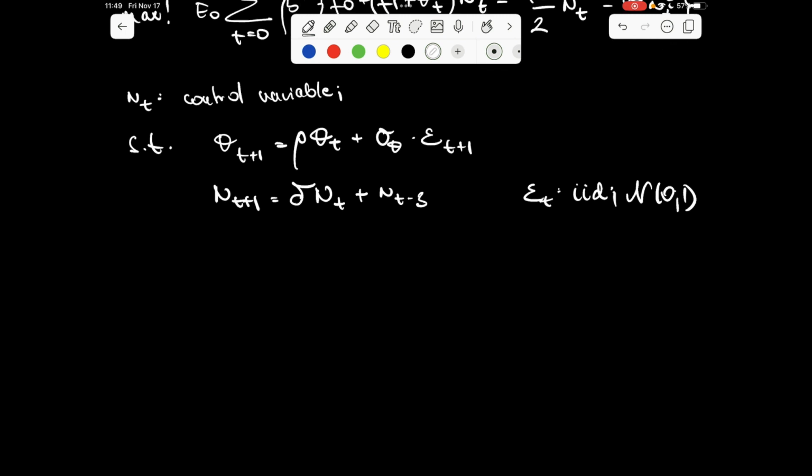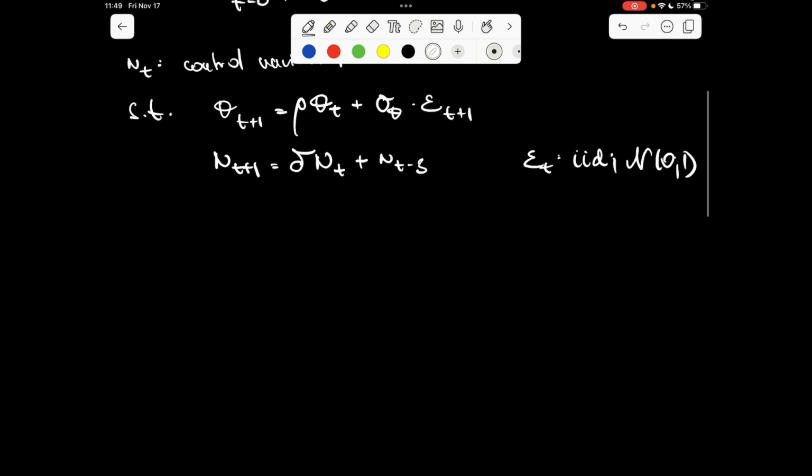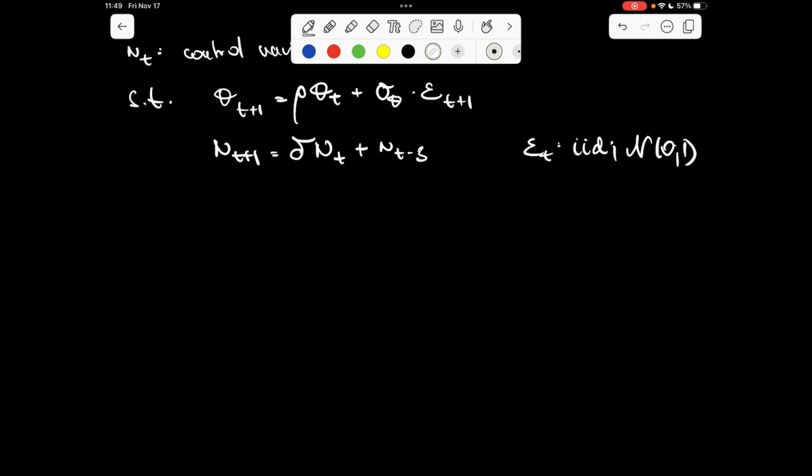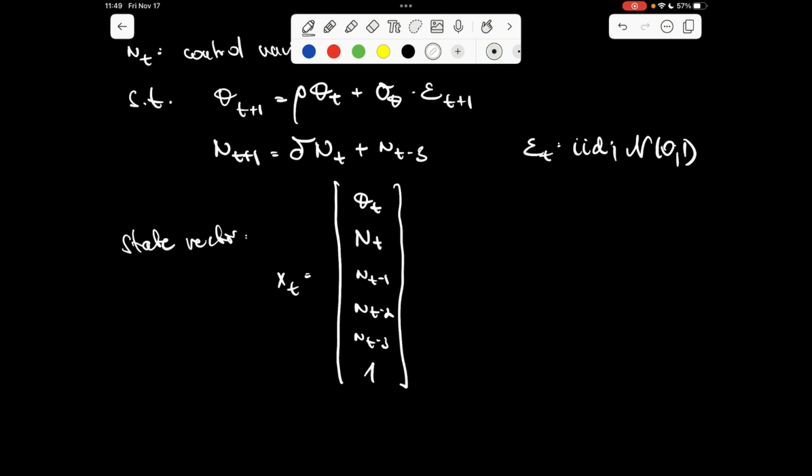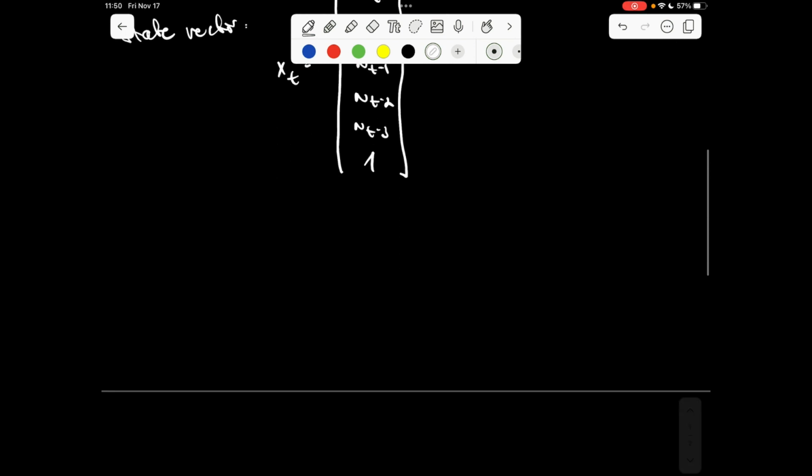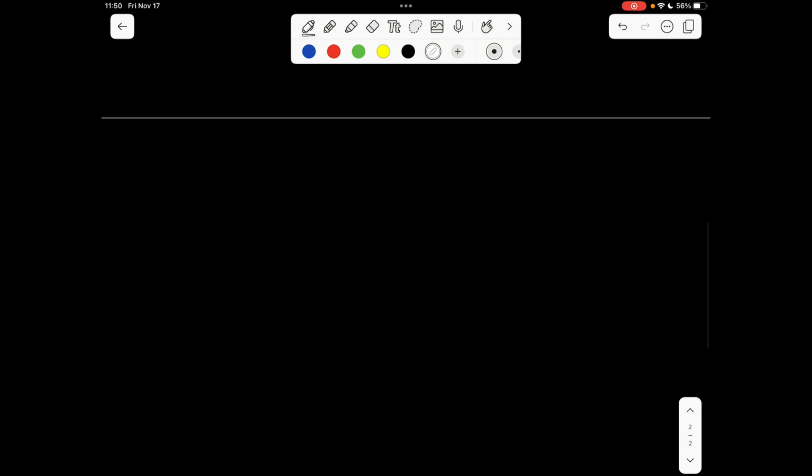Because of the time-consuming character of the education system, we have a long state vector. Okay, this is the state vector. So let's start working out the optimal linear regulator representation.